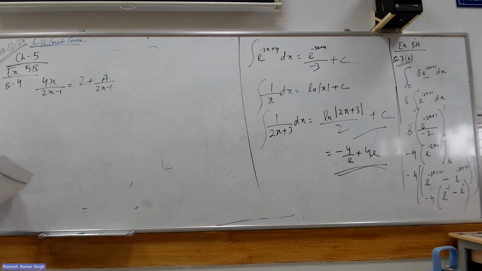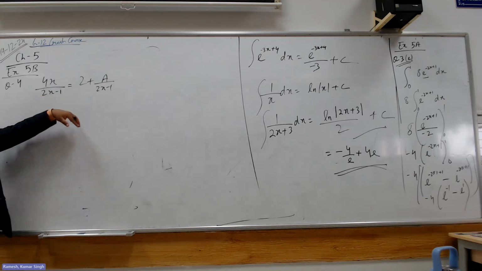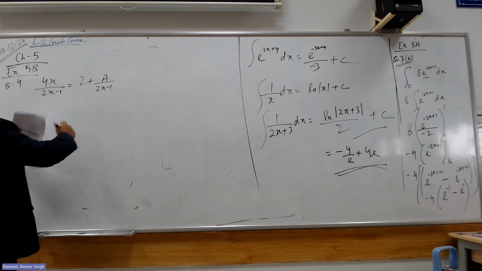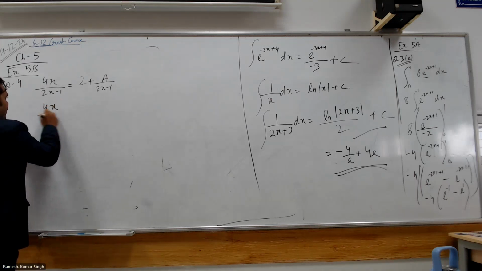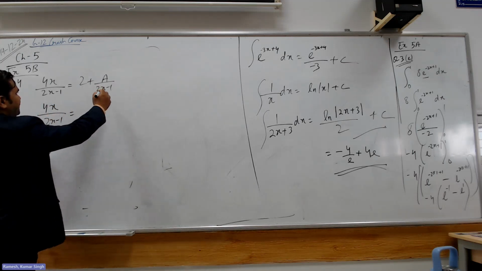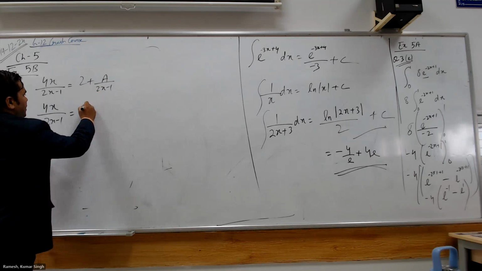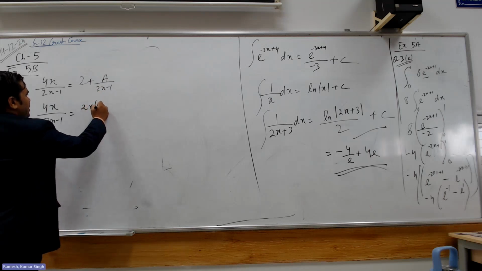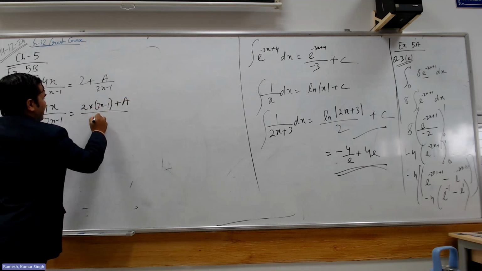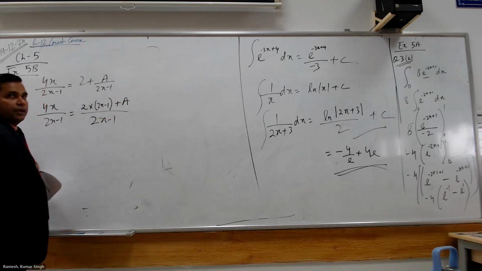All right, so those are done by division. Let's do another way. The partial fraction that we used to find the value of the constants in the partial fraction. So here, 4x over 2x minus 1, we can write as 2 times 2x minus 1 plus a over 2x minus 2.